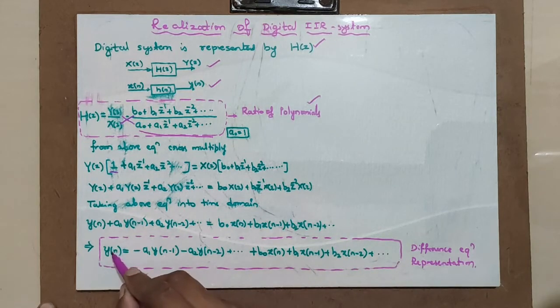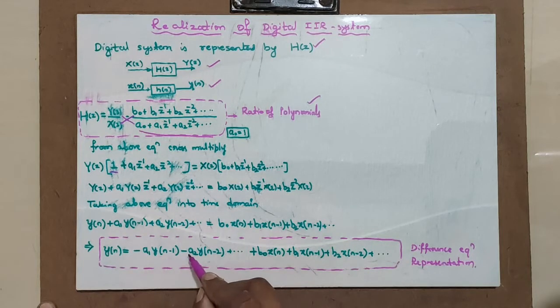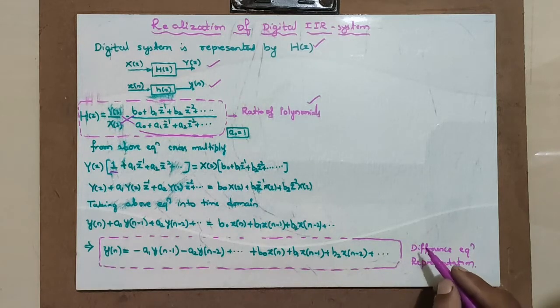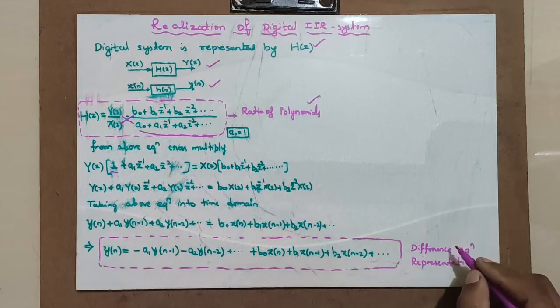Finally, I am taking y(n) on one side and all the rest of the terms on the other side. Hence, y(n) is equal to minus a1 y(n-1) minus a2 y(n-2) plus so on, plus b0 x(n) plus b1 x(n-1) plus b2 x(n-2) plus so on. Hence, this is the second way of representing a digital IIR system, that is, as a difference equation.